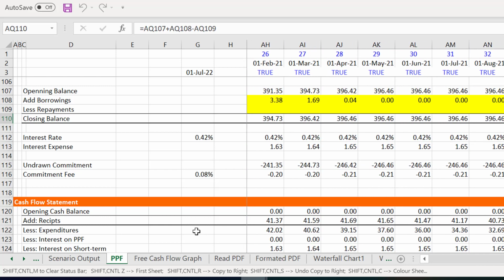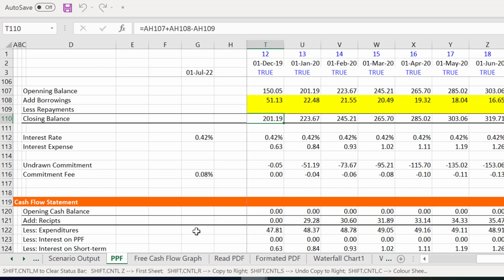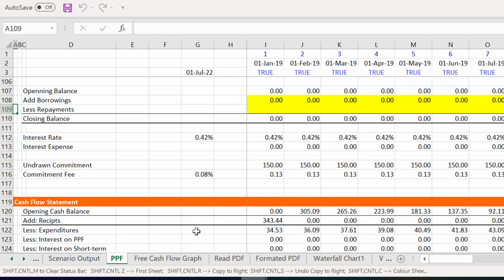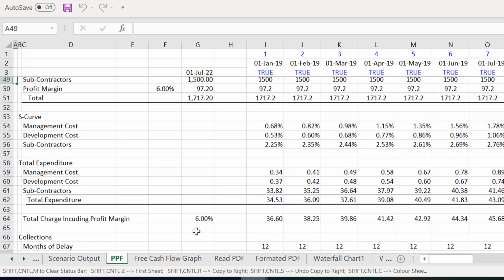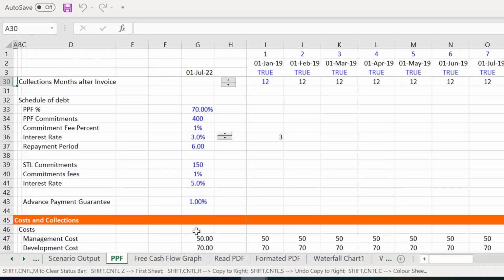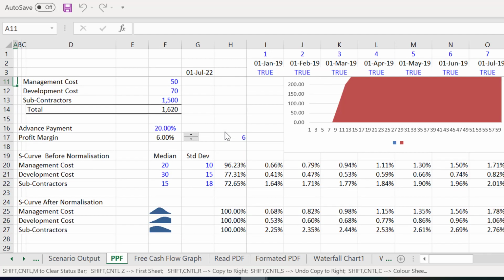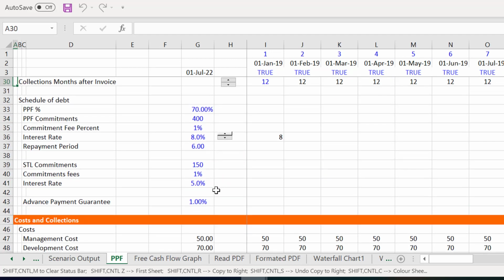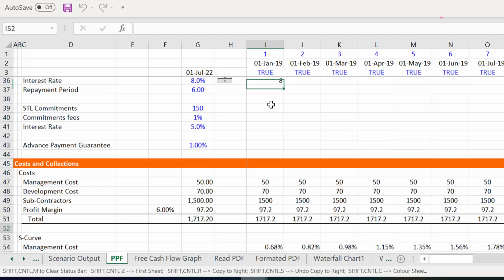Come on. Oh, no, it didn't get up to 400. Let's make it get up to 400. So then that means we can't borrow anymore. Don't worry about the graph right now. So let's put the interest rate a little bit higher, maybe. A lot higher that was. And let's make the delay payments even more.